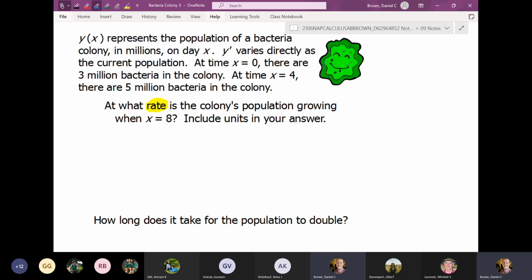So again, you want to think, which equation do I want to use? We had two options. We had a dy/dx we wrote. We also wrote the y version of the equation. Which one is going to represent a rate? dy/dx is going to represent the rate. So we're just going to plug and chug. dy/dx would be the rate of change of the bacteria's population.